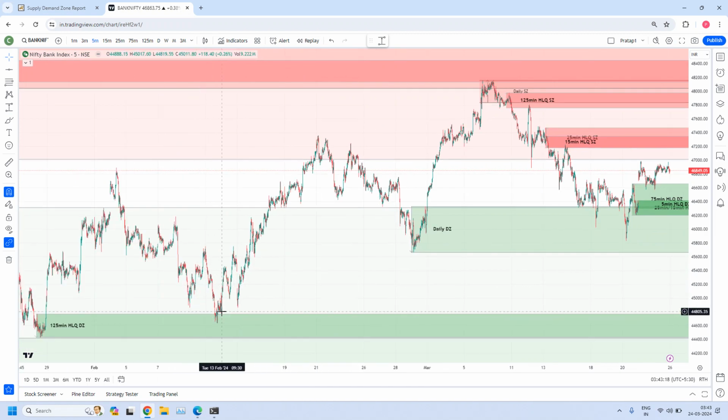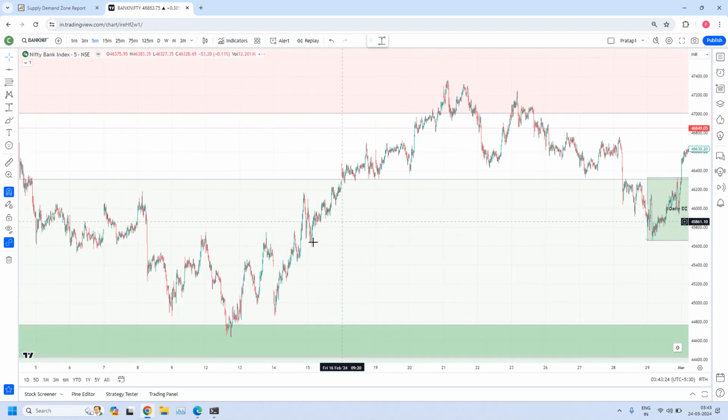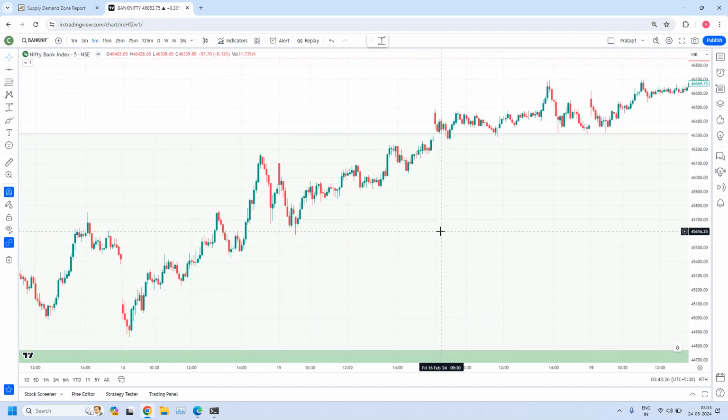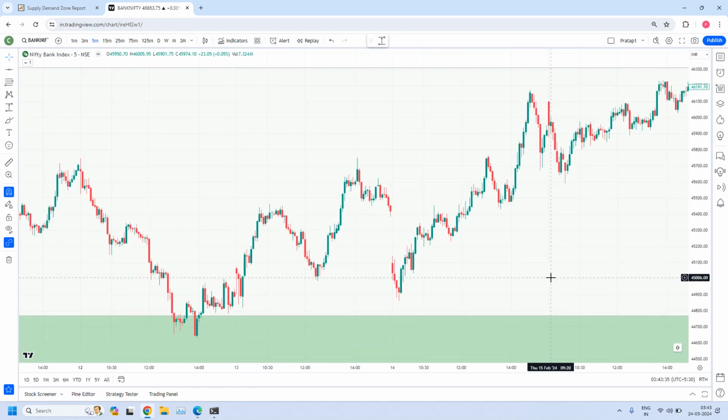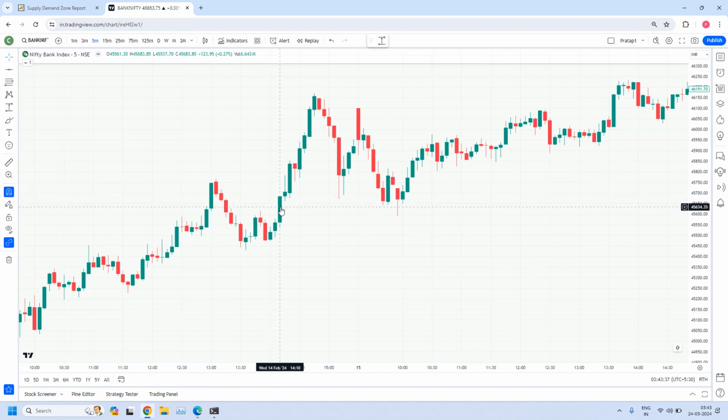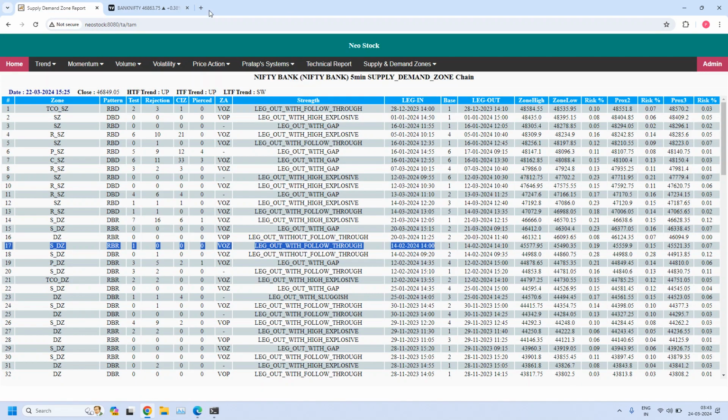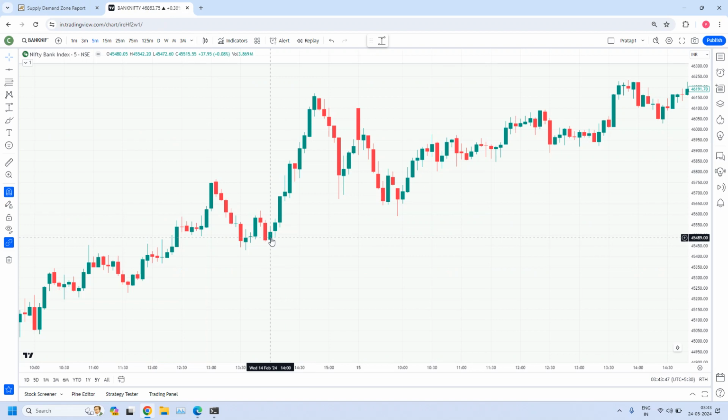Even below here, somewhere here we have a high liquidity zone, 5 minutes. February, exactly 14 hours.